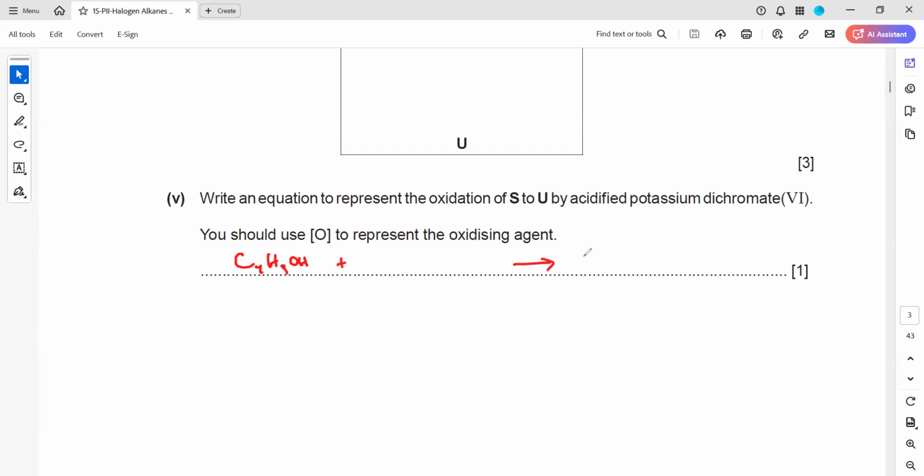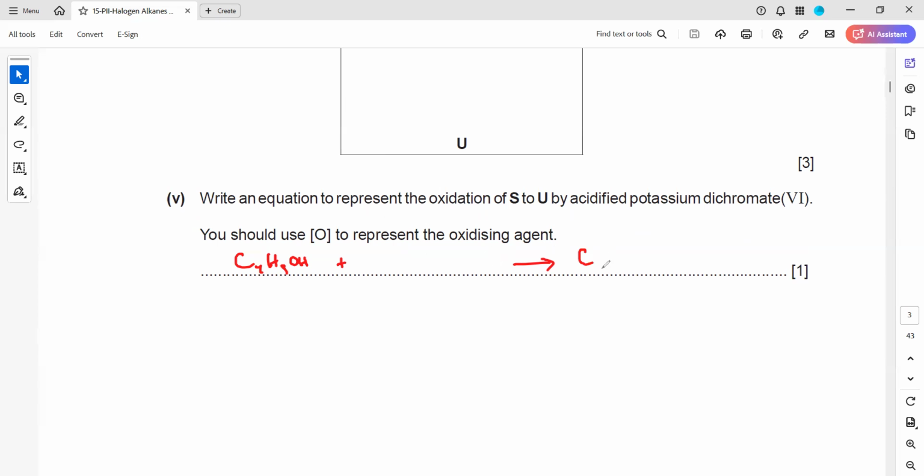Oxidation means addition of oxygen, so butanol would turn into butanoic acid. Sorry, this was a secondary alcohol, and oxidation of a secondary alcohol makes a ketone. We just need the equation.